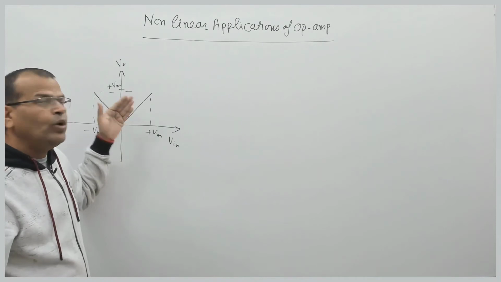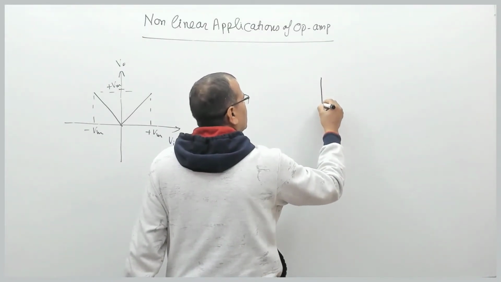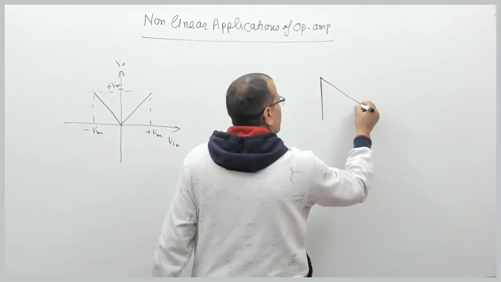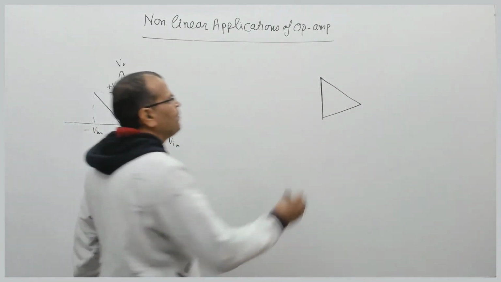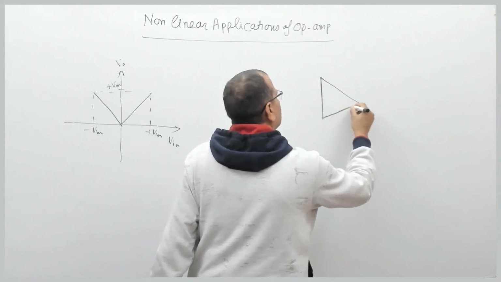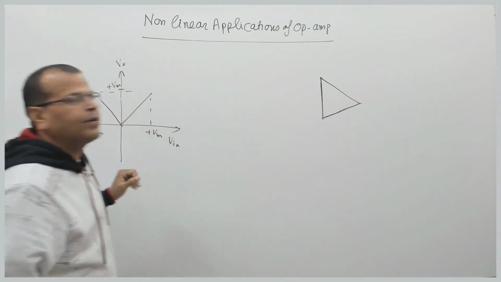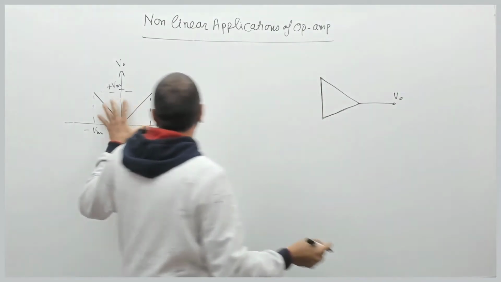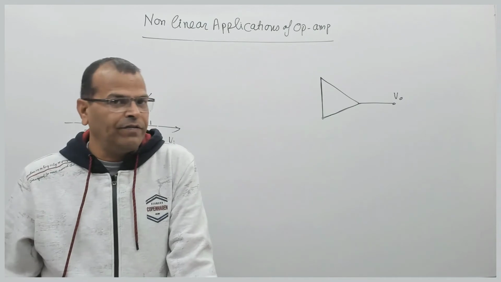There is no inversion. So now, let us take a circuit. This is a simple circuit, right? I have to find the output of this circuit. I have to implement this characteristic, right?